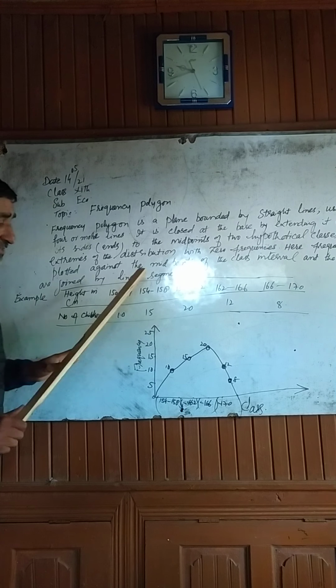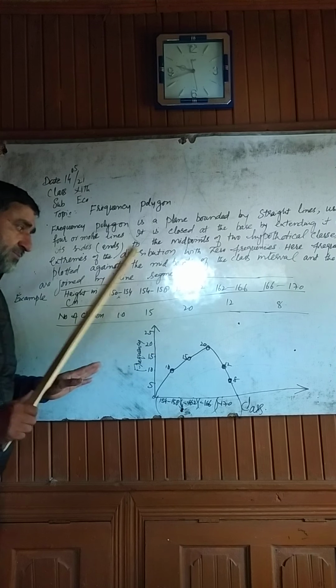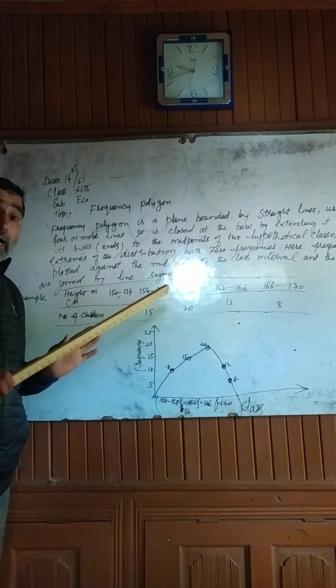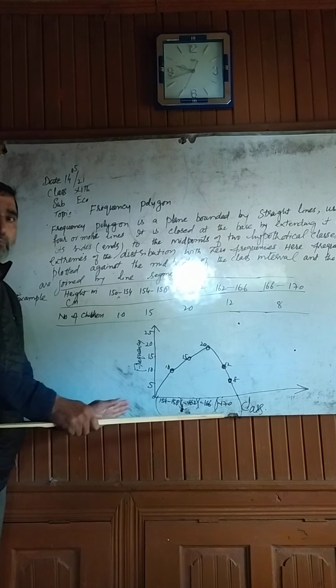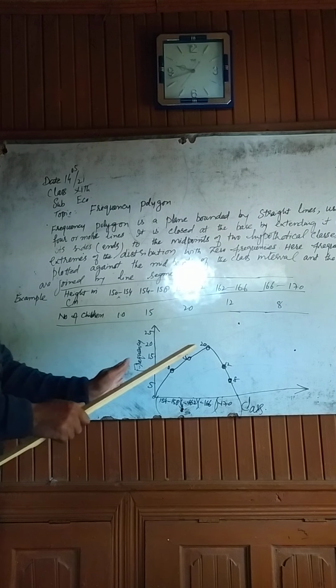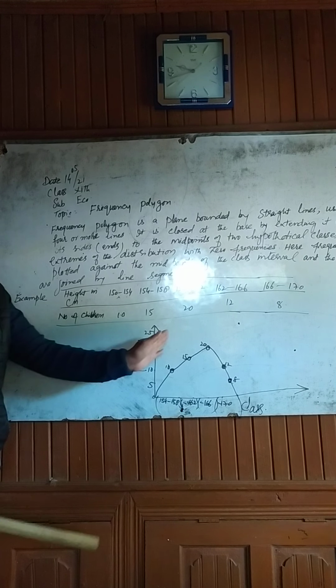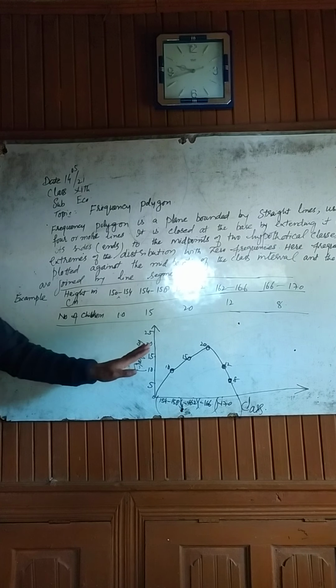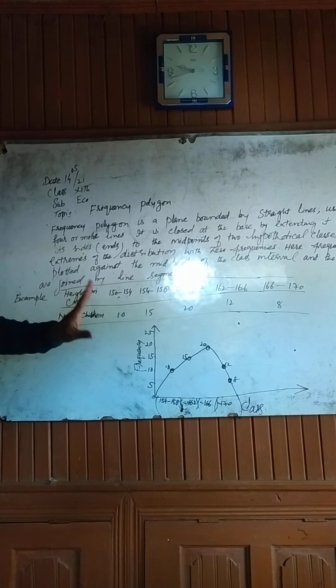By joining the midpoints, we have to close it from both the index. Then it will give us the frequency polygon shape, and that frequency polygon will itself represent the data presentation.